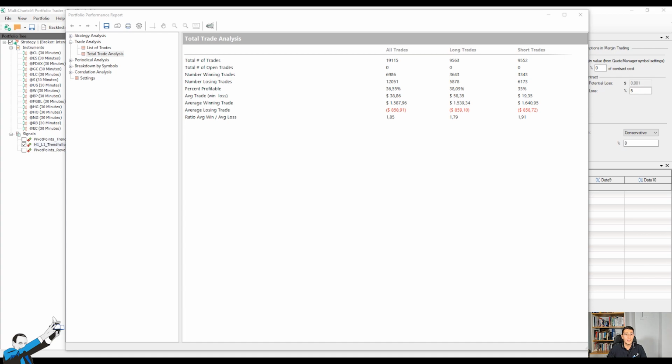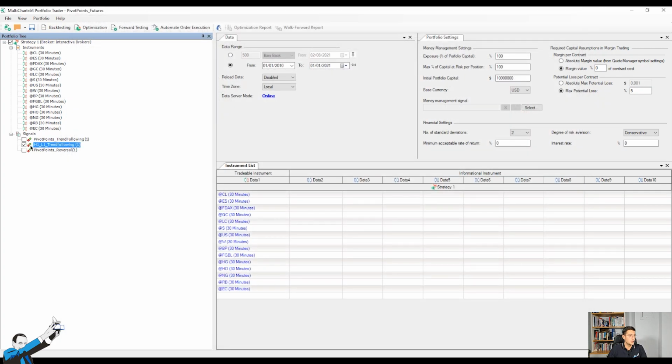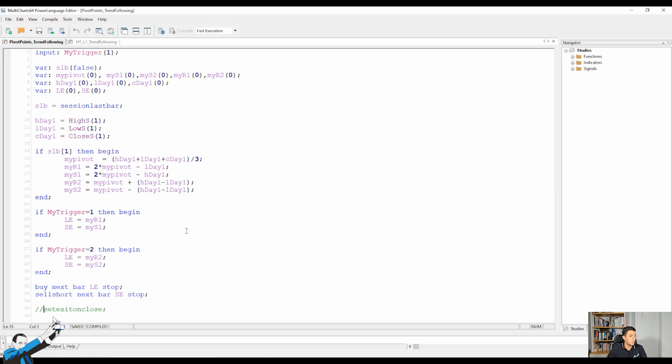So let's try the trend following strategy with entry levels calculated on the support number 2 and the resistance number 2. We just have to change the input of this strategy, because we have seen before that with the my trigger set to 2, we can use as long entry the resistance number 2 and as short entry the support number 2.